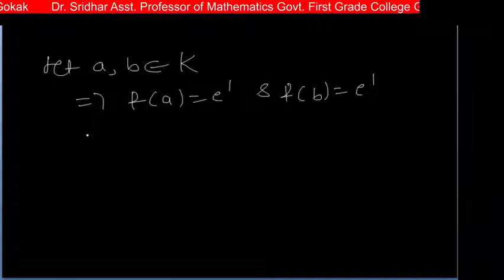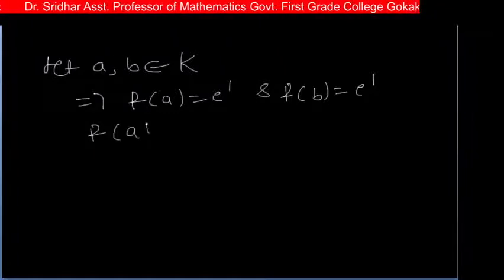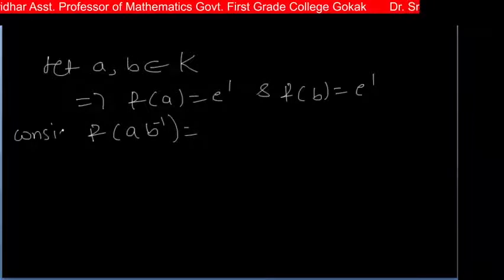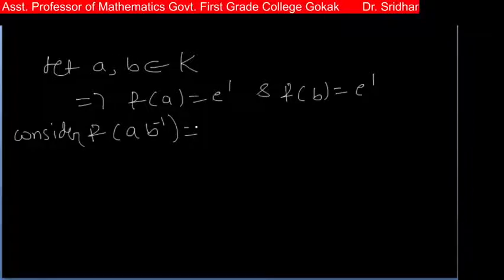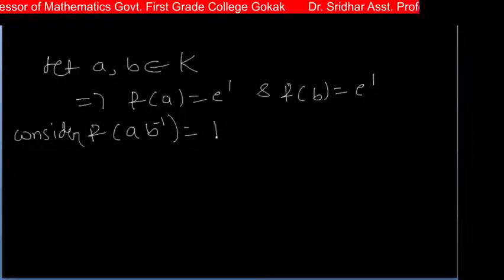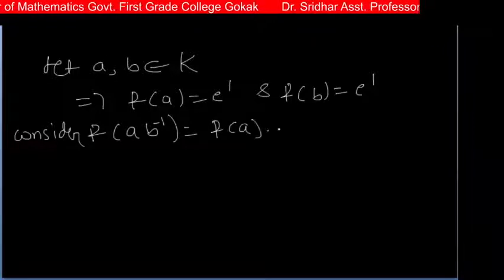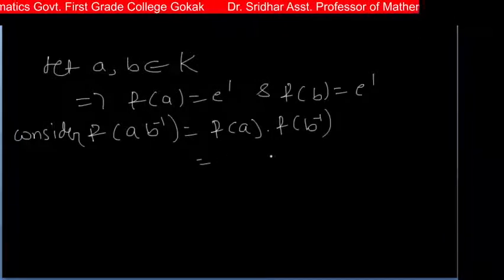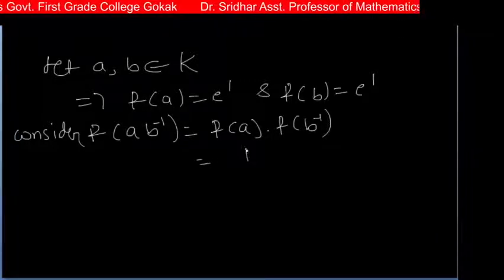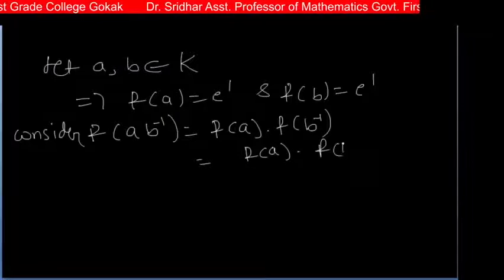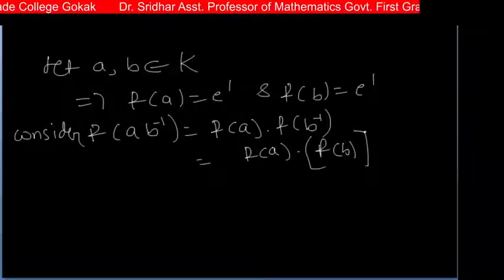Now we consider f of a b inverse. Since f is a homomorphism, this can be written as f of a into f of b inverse, which is equal to f of a into f of b whole inverse.